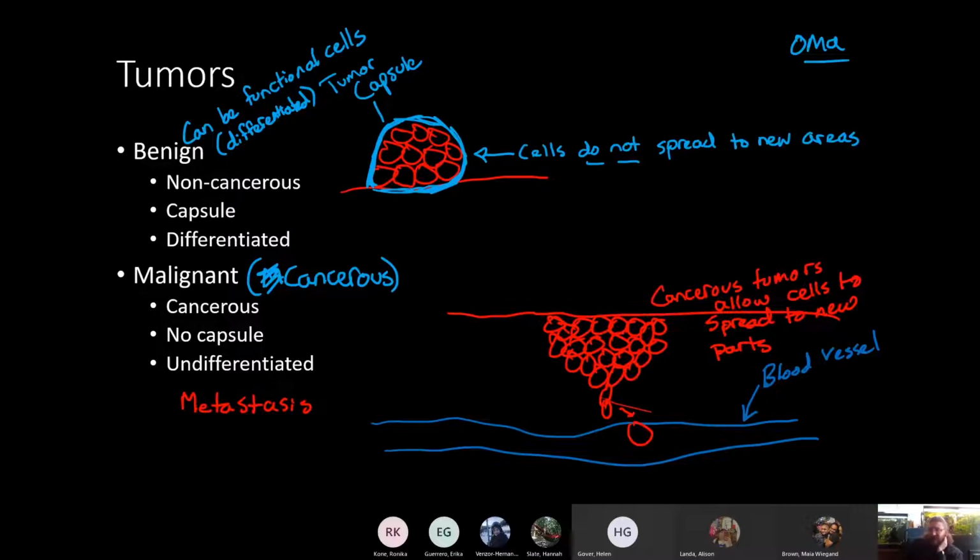It enters blood vessels or lymph vessels. Your lymphatic system is like a series of vessels that run alongside your veins. So here's a little lymphatic vessel as well. Basically, the lymphatic system has a bunch of little nodes all throughout your body, and they pick up water.